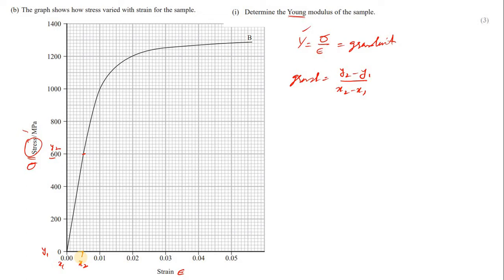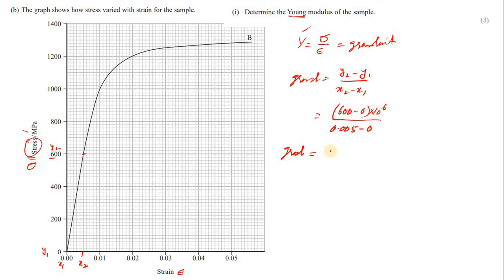So y2 minus y1 is 600 minus 0, but we have a million, so 10 to the power 6, divided by the strain. This is 0.01 and this is the middle, so 0.005. So 0.005 minus 0.